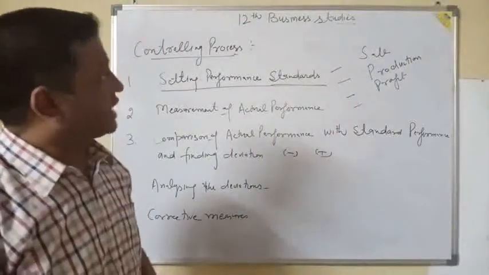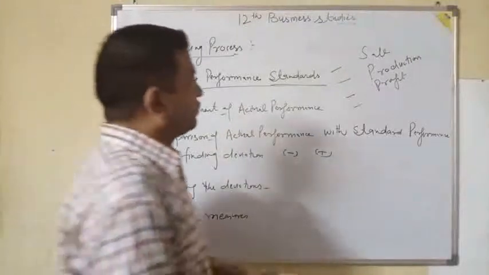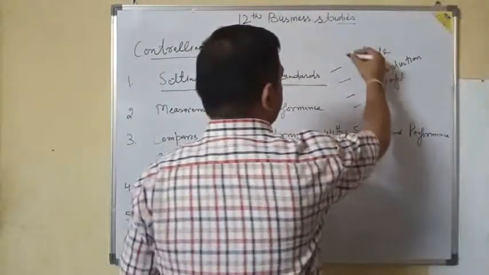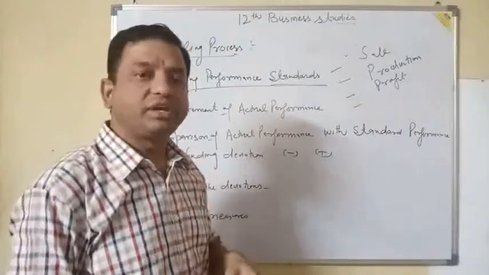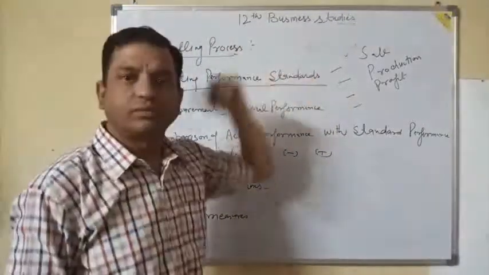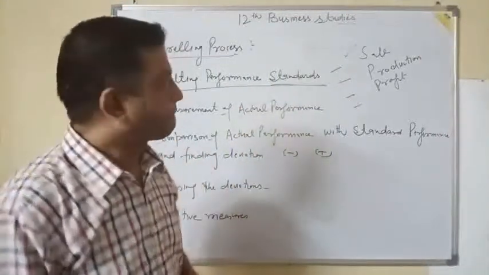And the standard may be different for different departments. Like for the marketing department, it may be to increase the sale. The marketing department is given the standard in the form of sales. Standards are sometimes also called targets.